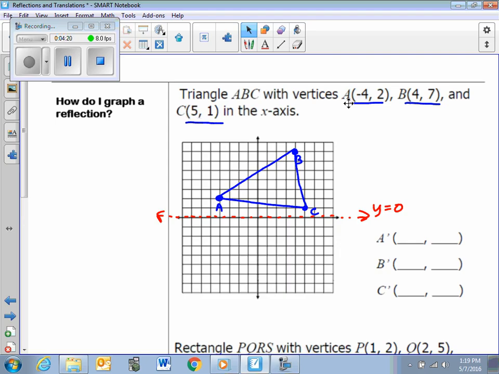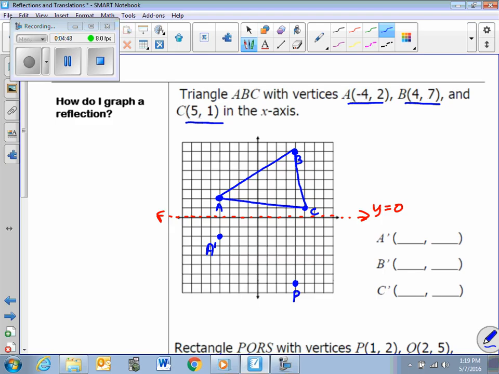Okay, so what we're going to do is move each point over the x-axis, and it's got to stay the same distance away from the x-axis. So A here is 2 units above the x-axis, so we're going to put A prime 2 units below the x-axis. B is 7 units above the x-axis, so we have to come 7 below the x-axis. 1, 2, 3, 4, 5, 6, 7.